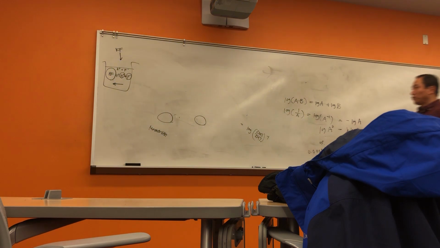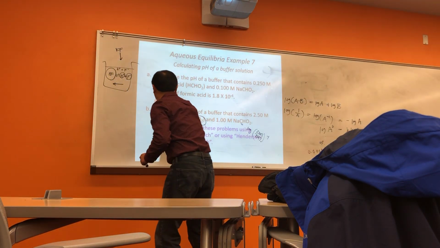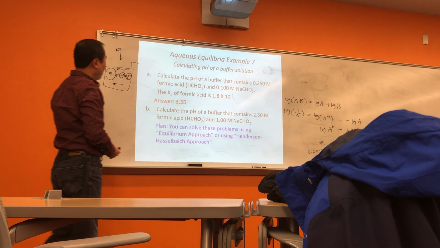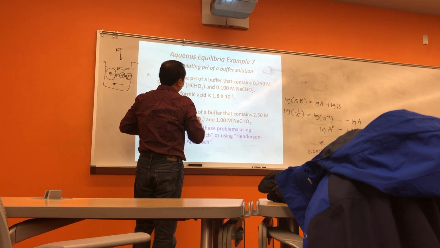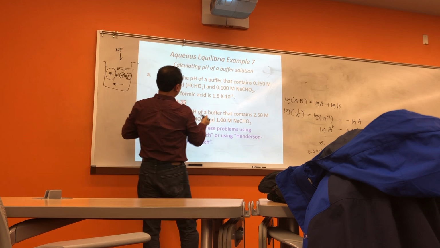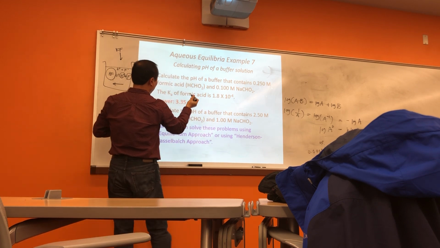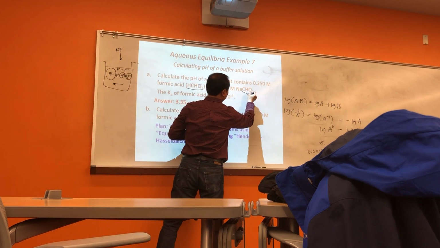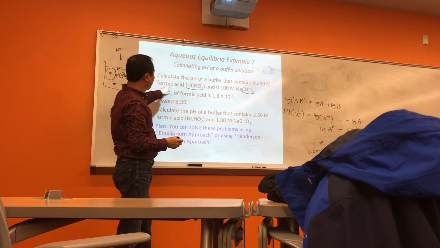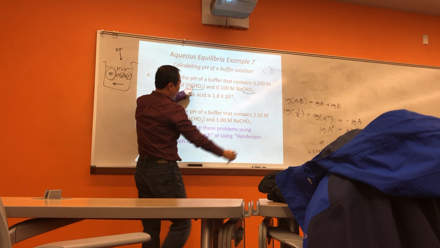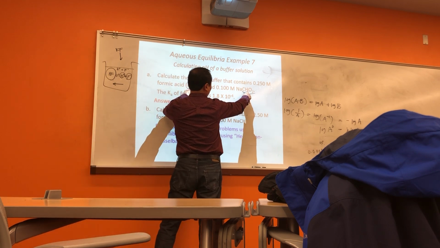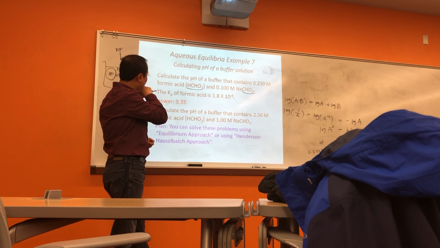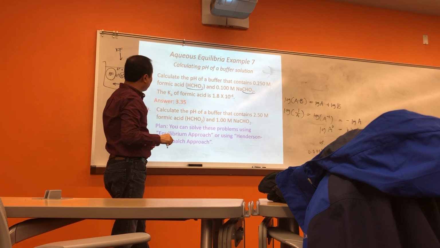So why don't we do a little practice using that equation here? We have a buffer system made by an acid and its conjugate base. Because the compound includes both an acid and a conjugate base, we can call it a buffer system.